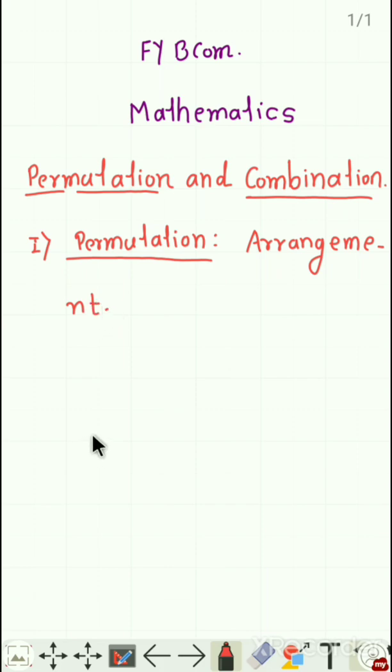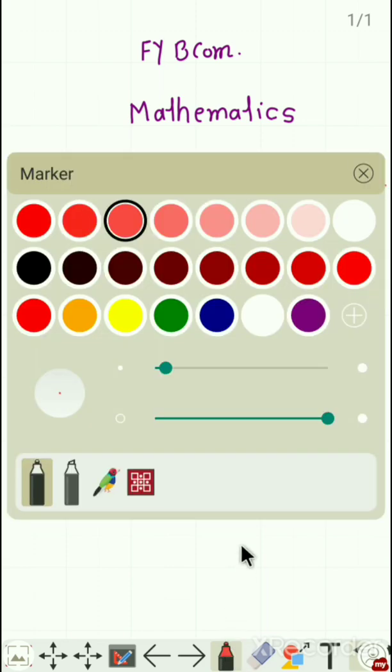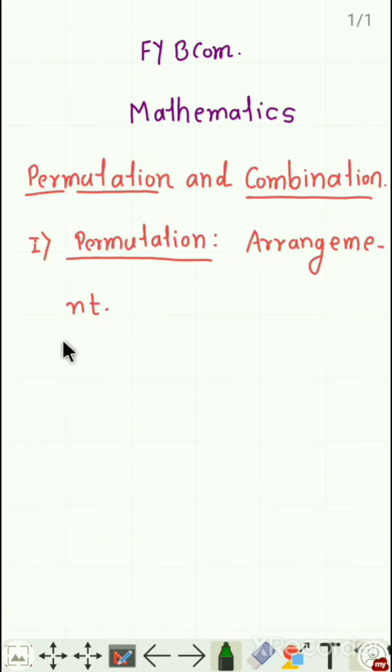Okay. So before going to the permutation, we see some principles of addition and multiplication. So let us write the principles. This topic is based totally on these two principles.